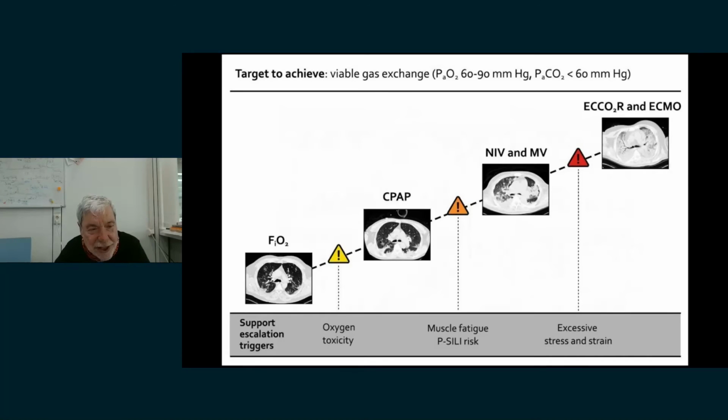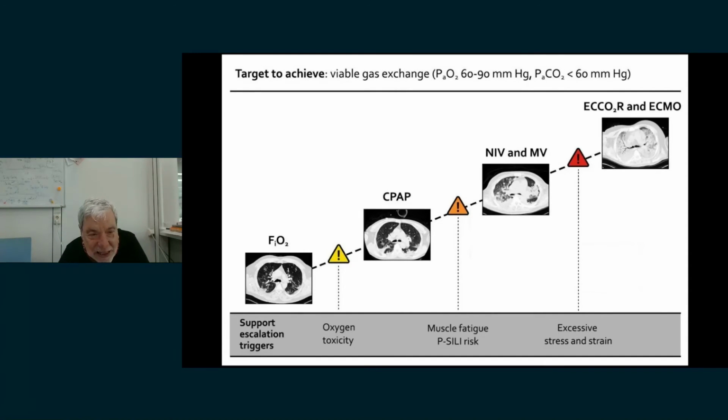And so at the end of the story, we have a patient coming on FiO2, CPAP, NIV. In all these 3 conditions, we do not measure almost anything. Then with mechanical ventilation and ECMO, we measure everything.